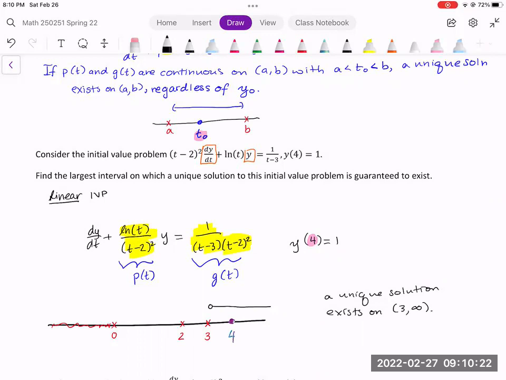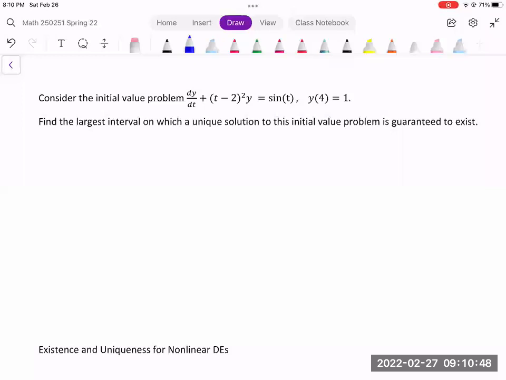Great. Let's take a look at this next example. I'd like you to look it over, pause the video, and try this out. So we want to find the largest interval on which a unique solution to this initial value problem is guaranteed to exist. And like the previous one, this one is a linear DE.